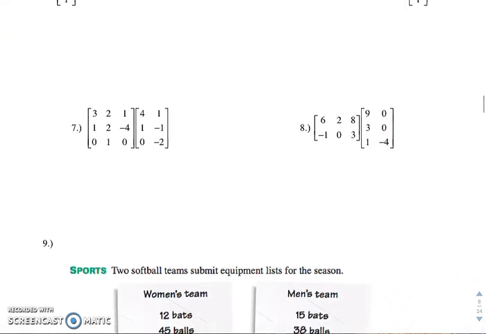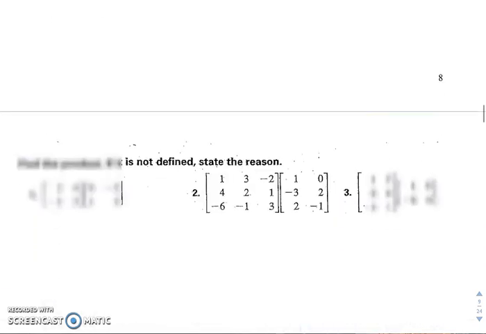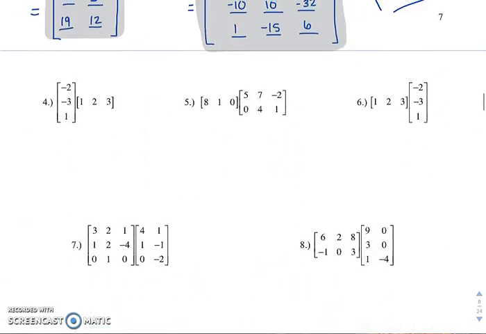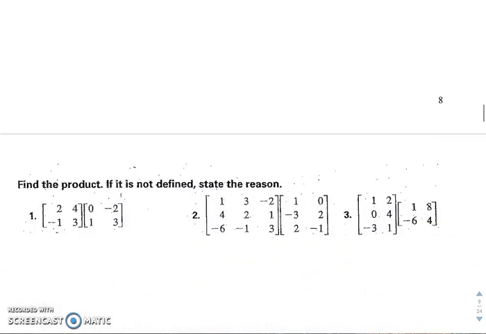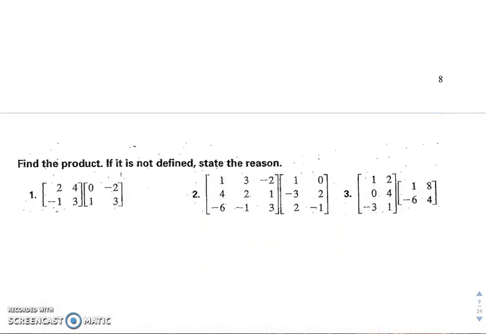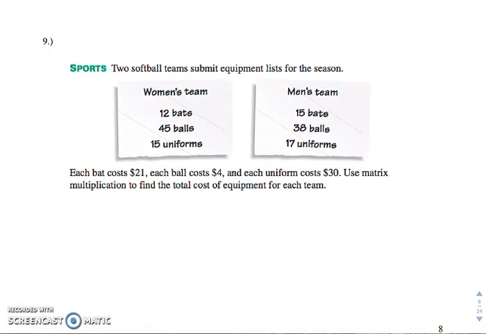Okay, I'm going to have you guys do these on this page, but I want to get you set up to do the sports question here. It says 2 softball teams submit equipment lists for the season. So we've got the women's and the men's team.